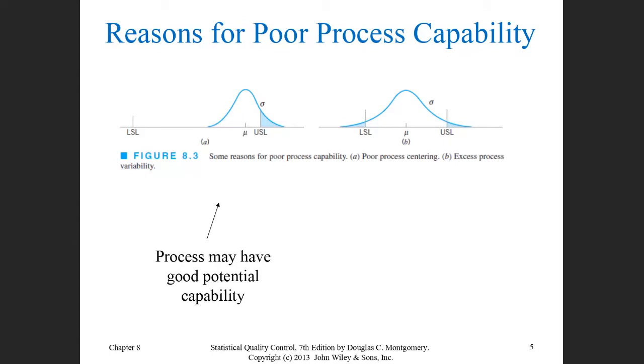What is the reason for having poor process capability? When we can say there is a poor level of goodness in performing that process, we have two cases when we have a poor process capability.